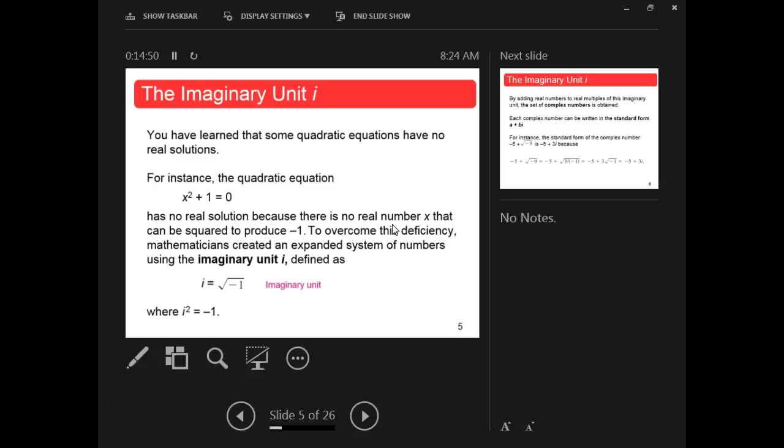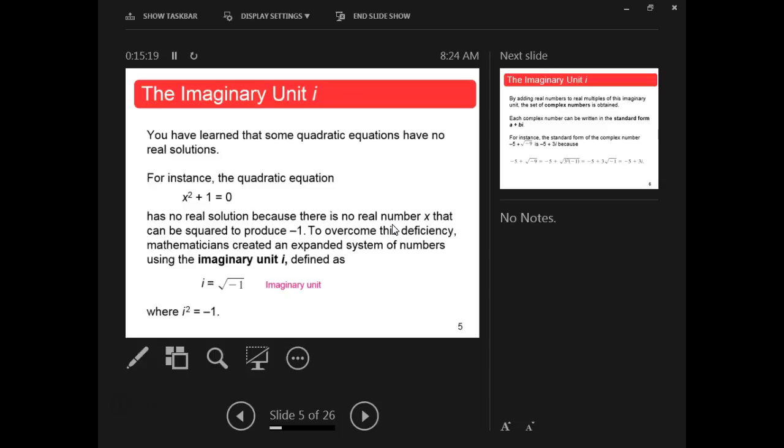So, here's one such equation. x squared plus 1 is equal to 0. Can you give me a real number that when you square it and then add 1 to it, you get 0? No, because any real number when you square it is going to be positive or 0. It could be 0. 0 squared is 0. That's a real number. But you add 1 to it, now that's not even 0.